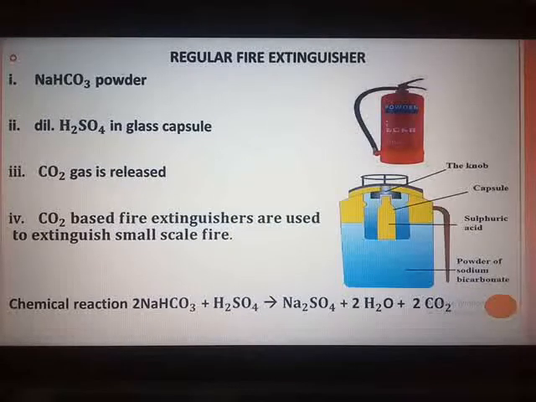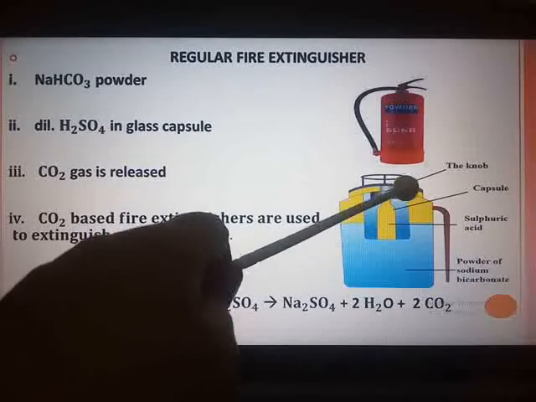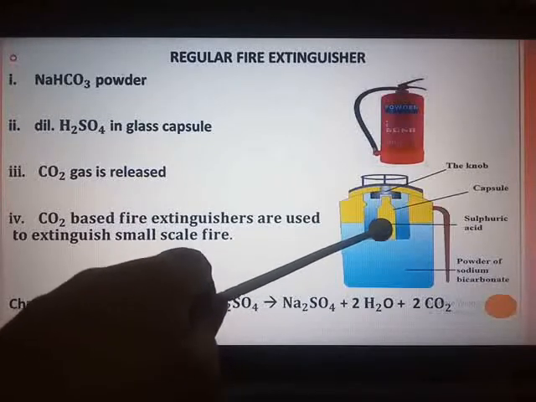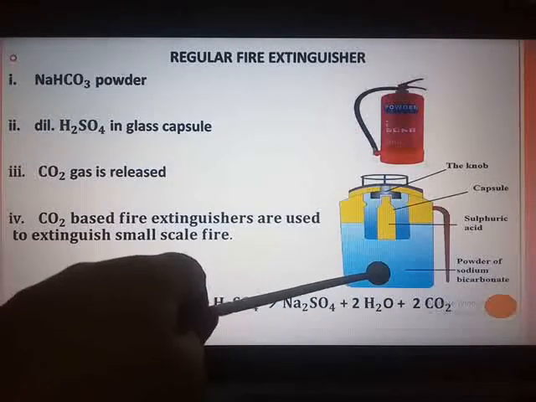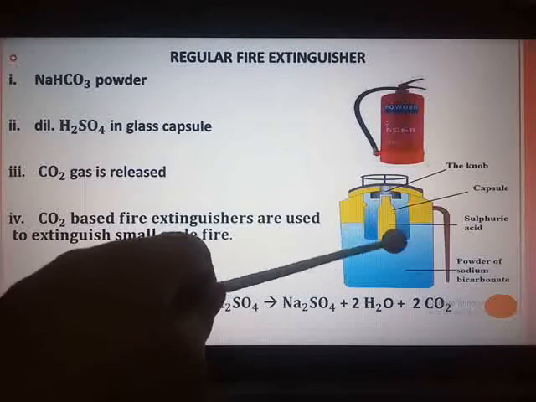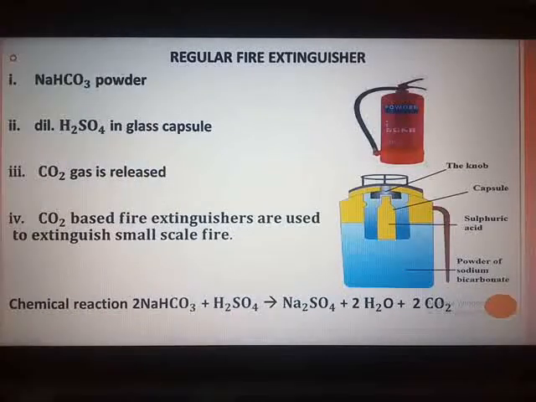On pressing the knob, what happens? As this capsule breaks, the sulfuric acid which is present in this capsule comes in contact with sodium bicarbonate powder, and both of them react chemically to release carbon dioxide gas which comes out.